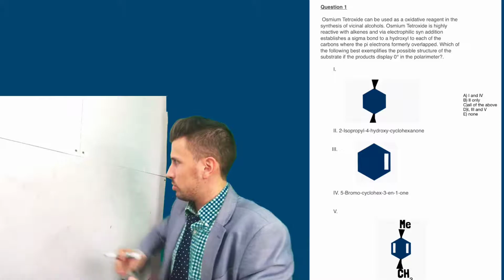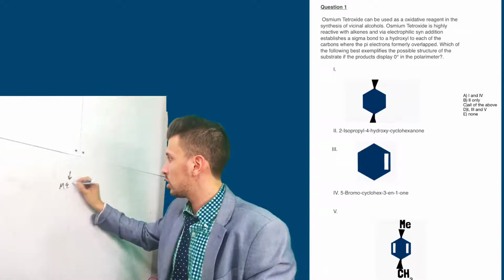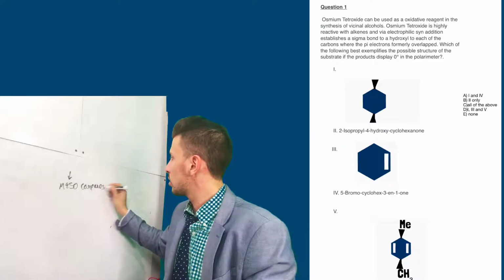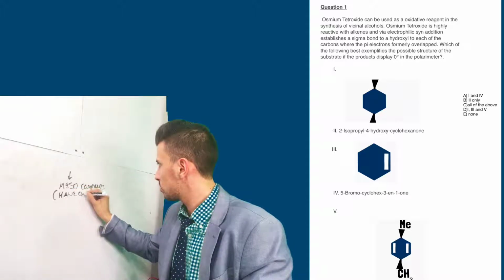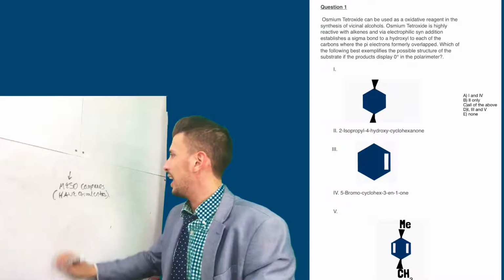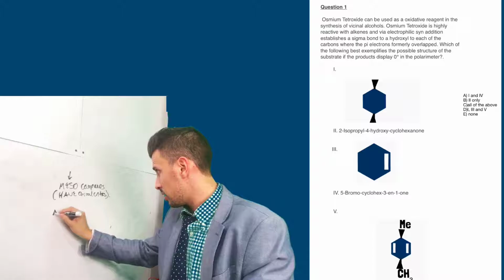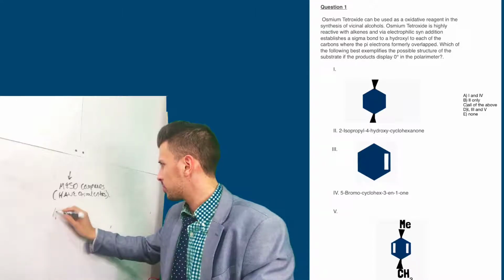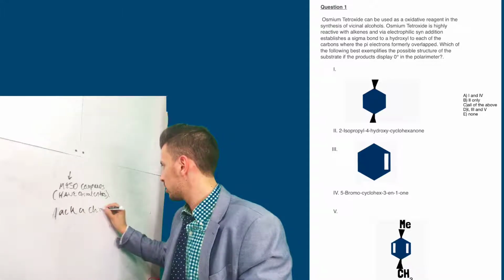And there's two types. You have those that are meso compounds, which have chiral centers, and you also have those compounds which lack a chiral center.